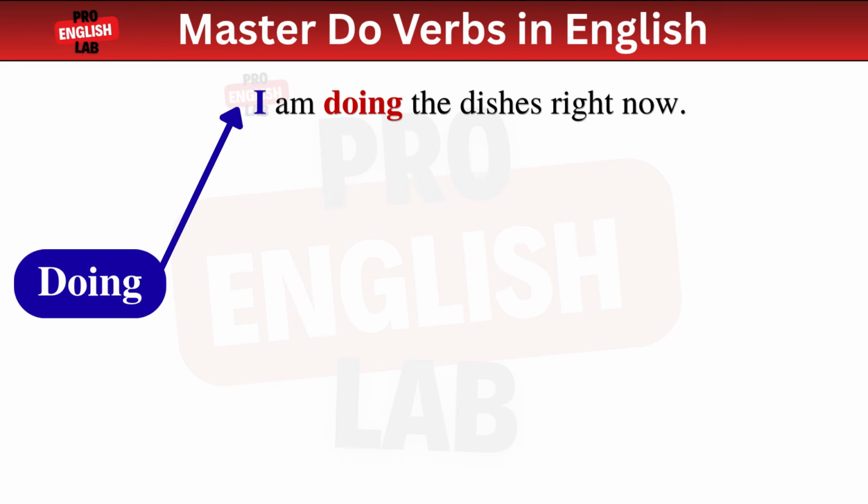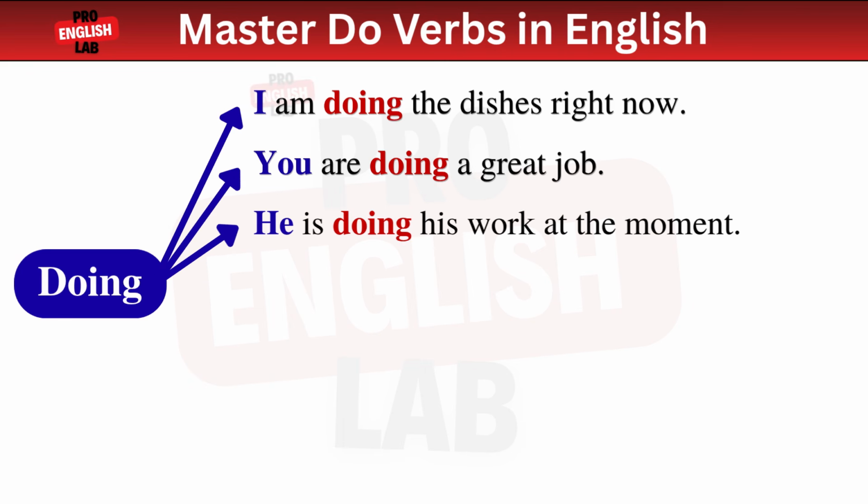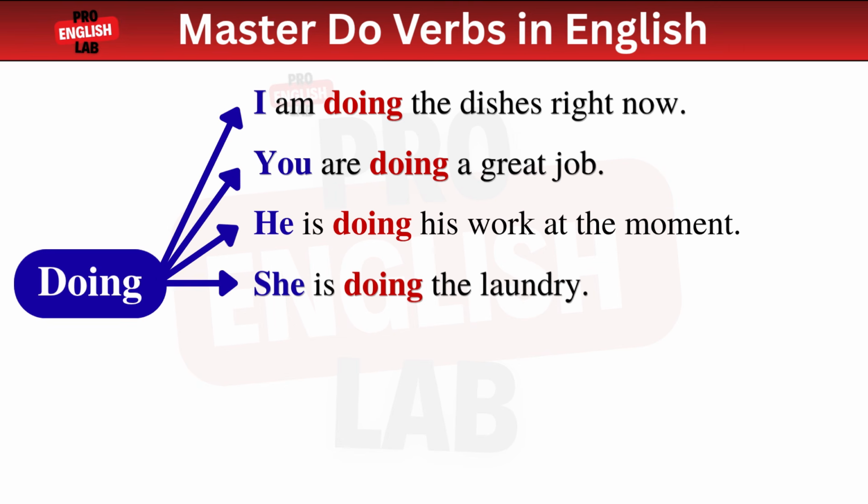I am doing the dishes right now. You are doing a great job. He is doing his work at the moment. She is doing the laundry. It is doing well.